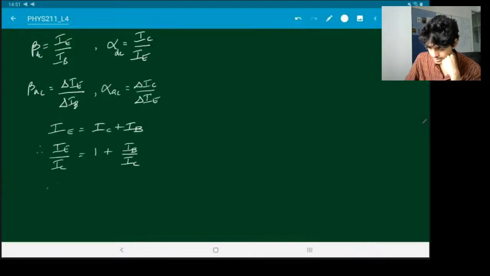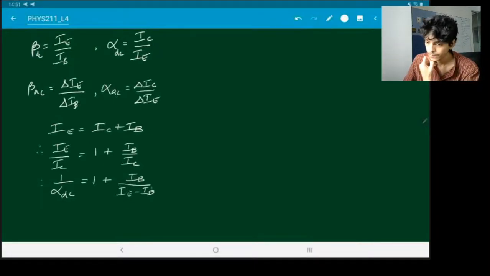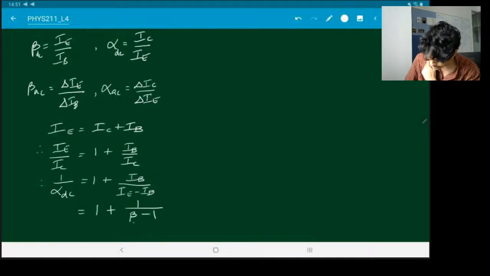Now IE over IC is just 1 over alpha DC, and IB over IC is 1 over beta DC. So 1 over alpha DC is 1 plus 1 over beta DC.